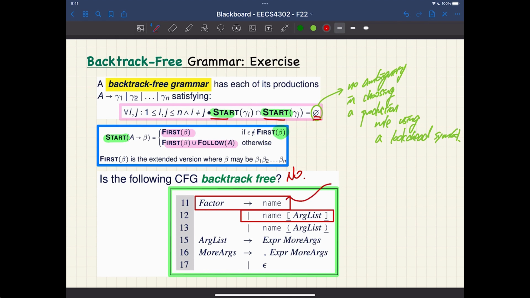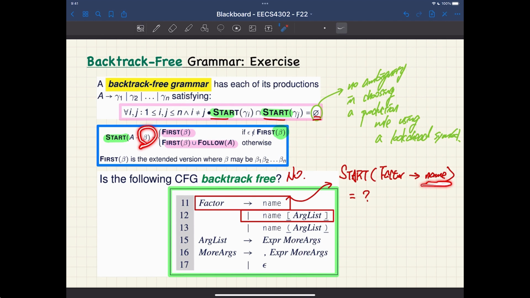All right, so I'll just give you one example here. Let's say for this one here, what is the start set of this rule? We've got factor produces name. What would that be, right? This one is actually easy. In order to calculate the start of a certain production rule, you want to consider what is the first set for beta. In this case, this is beta.